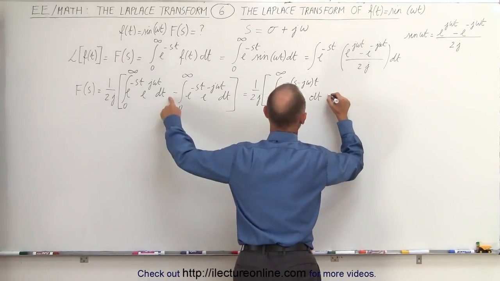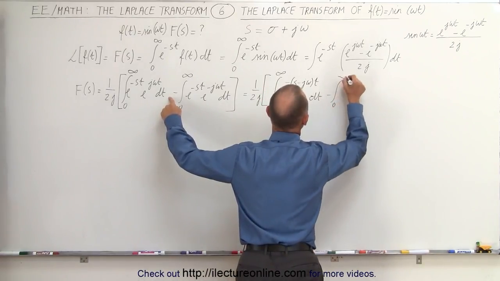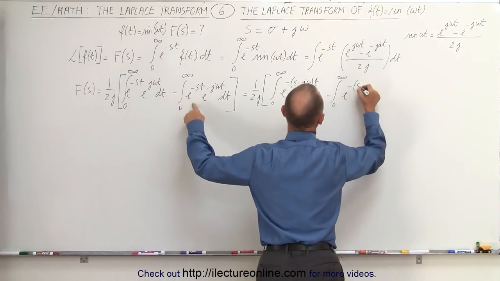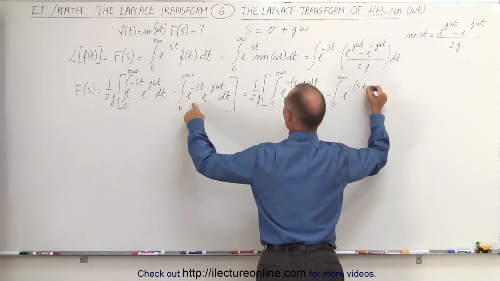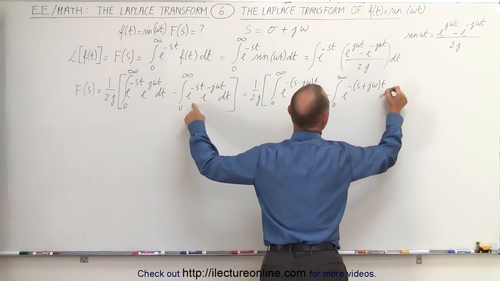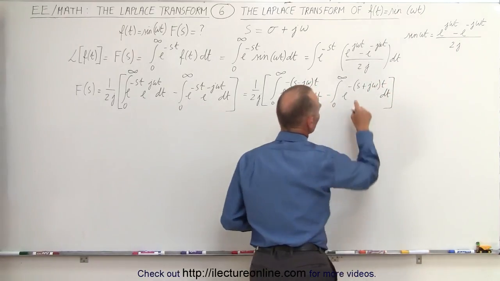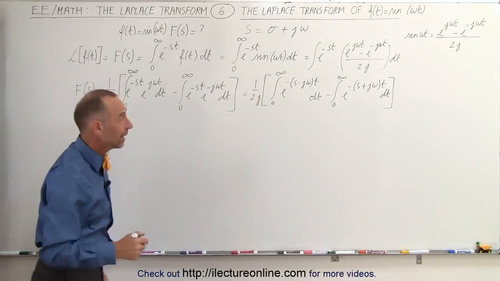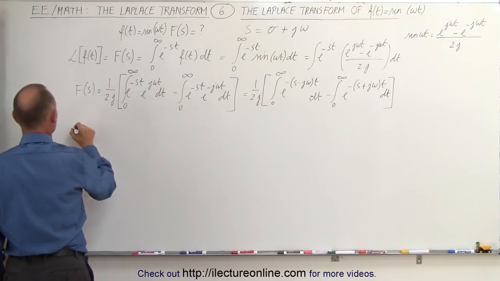And then minus the integral from 0 to infinity of e to the minus quantity s plus j omega times t dt. And notice that when you apply the negative sign, you get back what you started with. So now we can go ahead and integrate those. Let's see what we get.